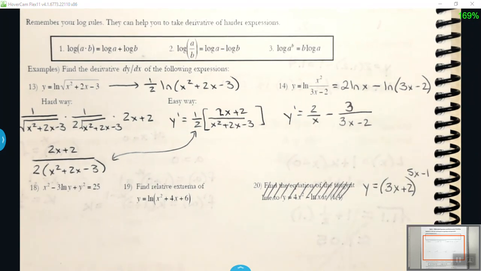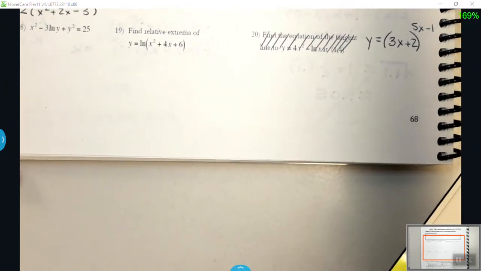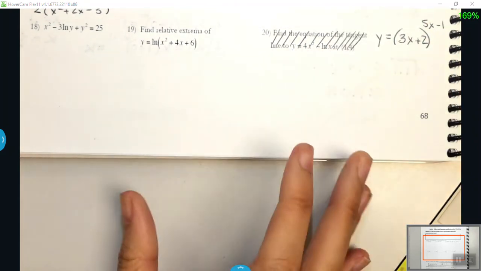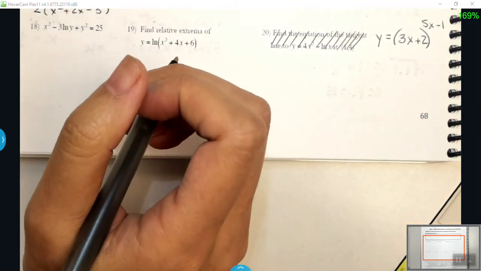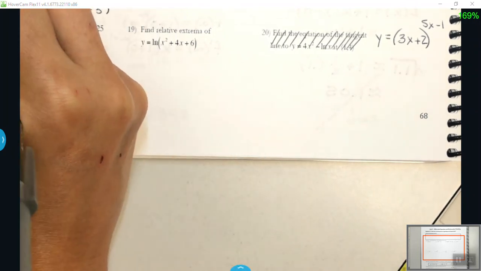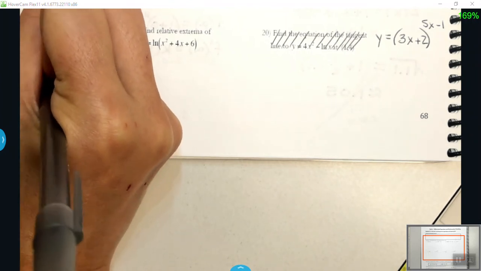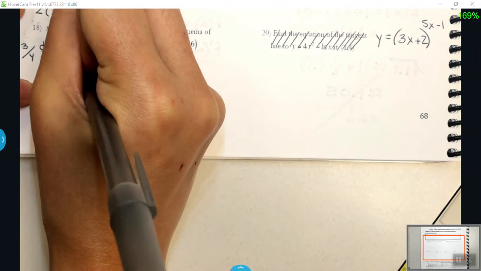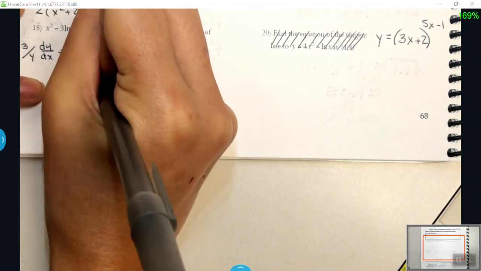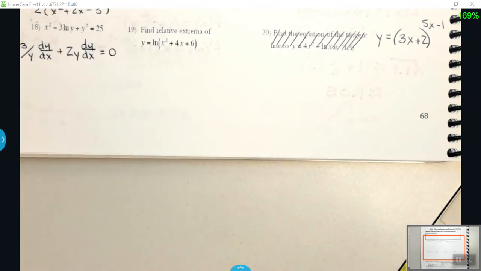So you're going to have to use, what's it called for this? Implicit. Yeah, I get dy/dx by itself.